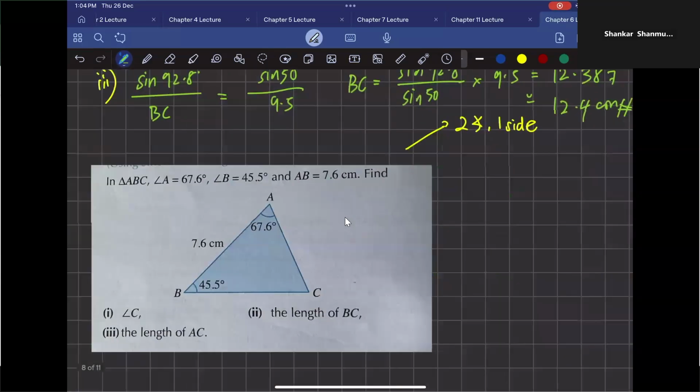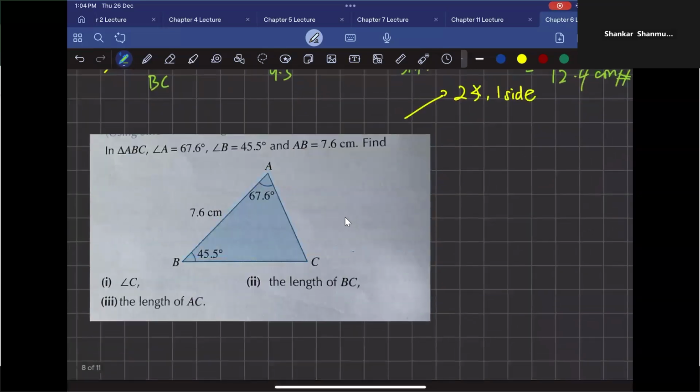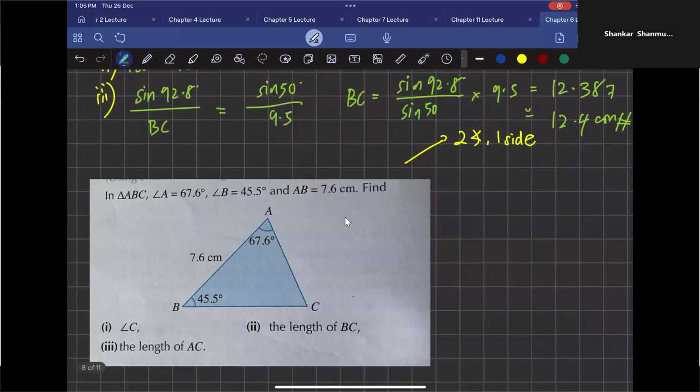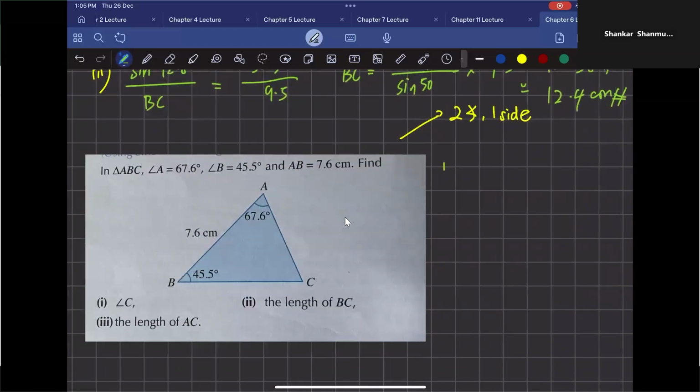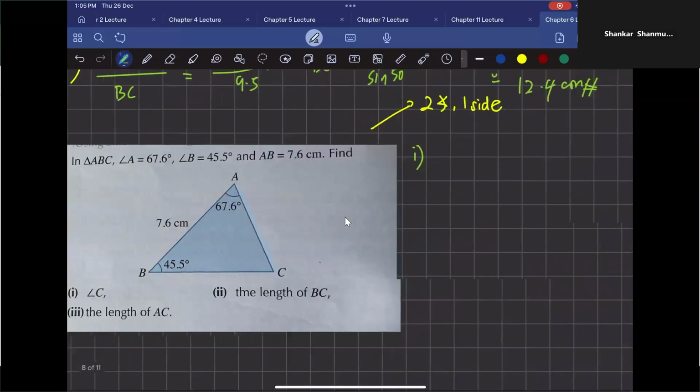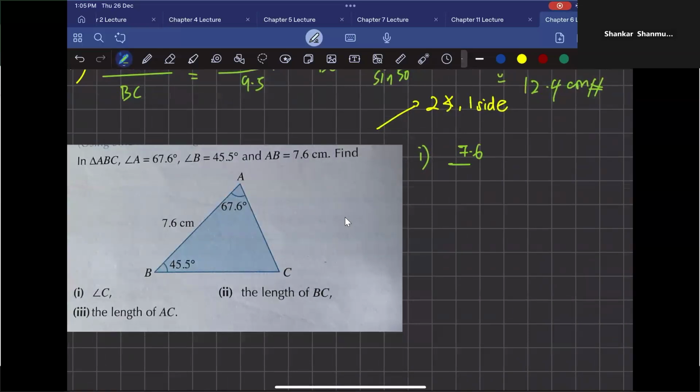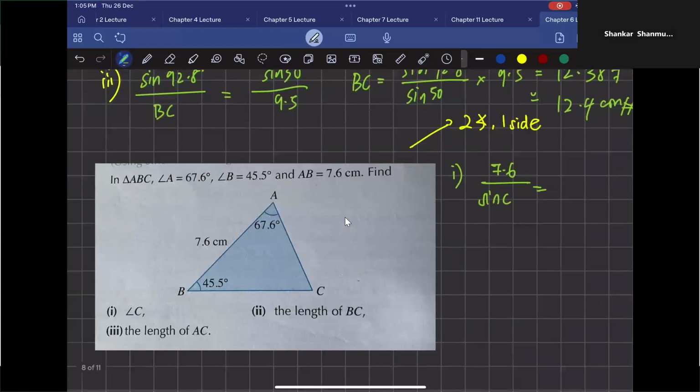Okay, so now let's try part B. So now, before we move on to this question, it's very similar to your previous part. So do pause this and try it out yourself. So your angle C, you're given your side 7.6 over sine C equals to, oh sorry, you're given two angles.